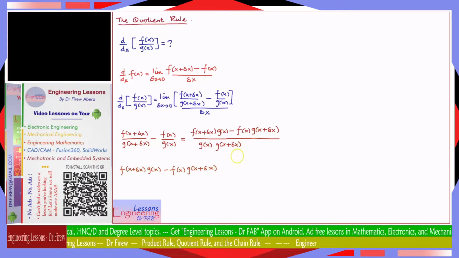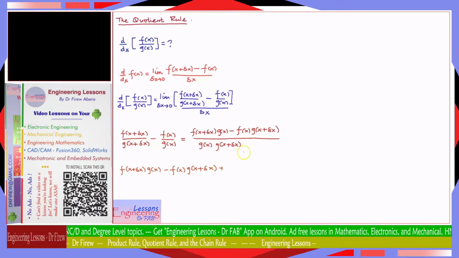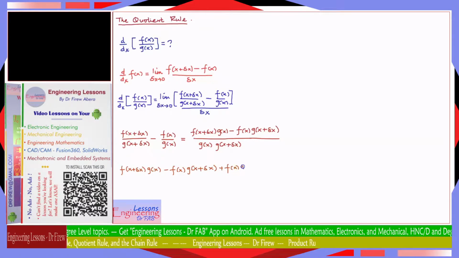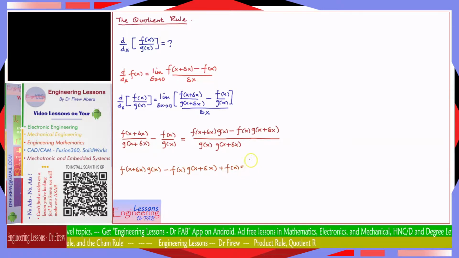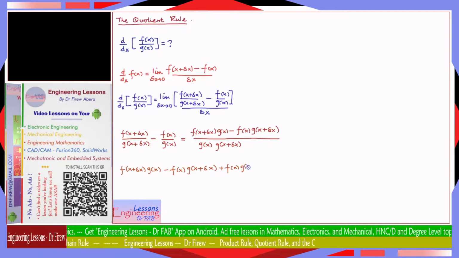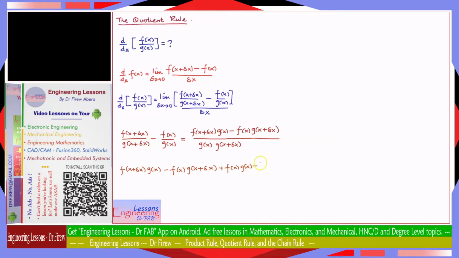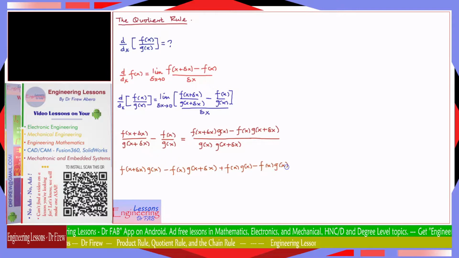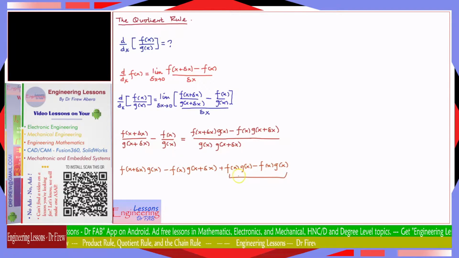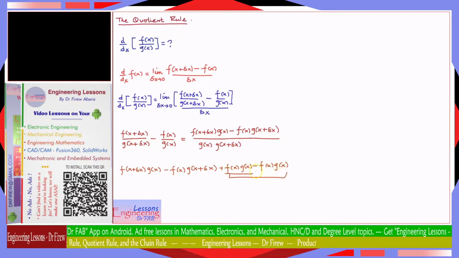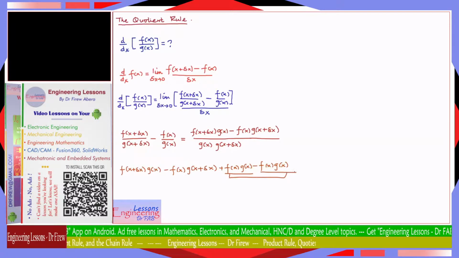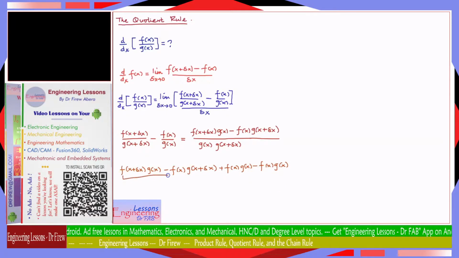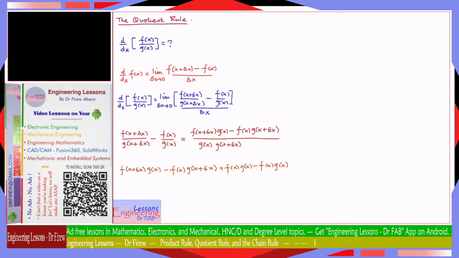If I add f of x times g of x here, and again subtract f of x times g of x here, it's as if I have done nothing. It's as if I am adding 0 without changing the meaning of the original expression.